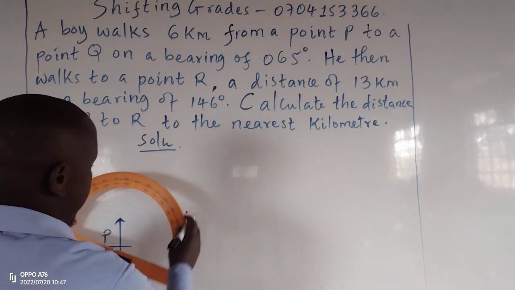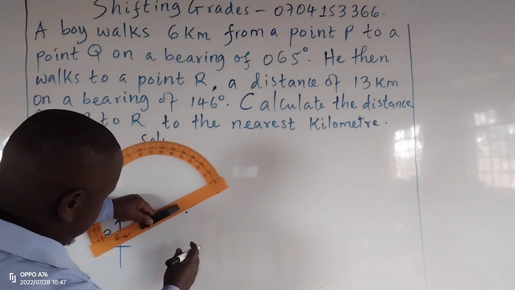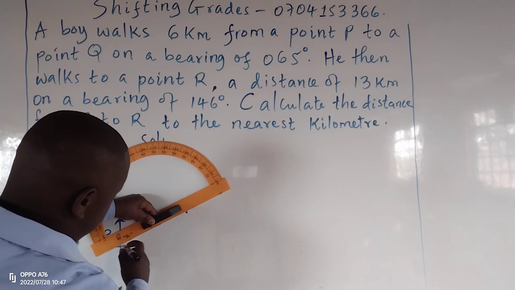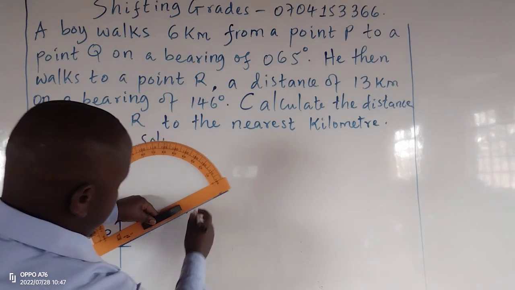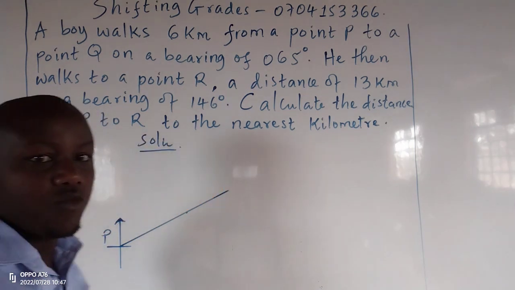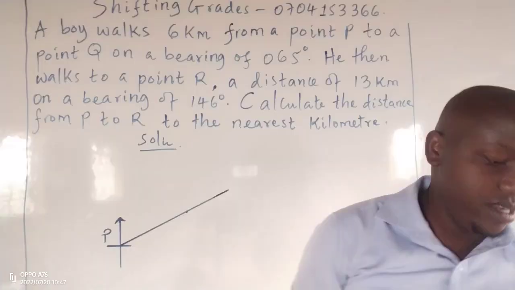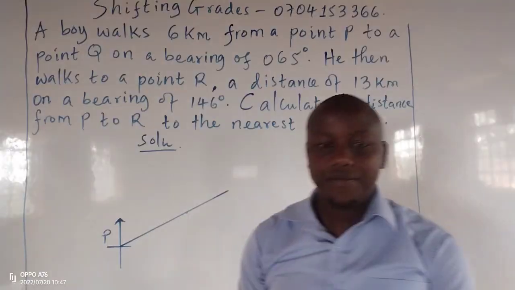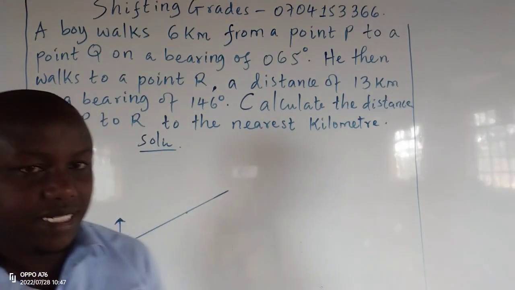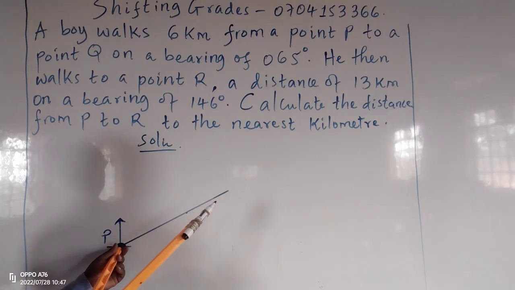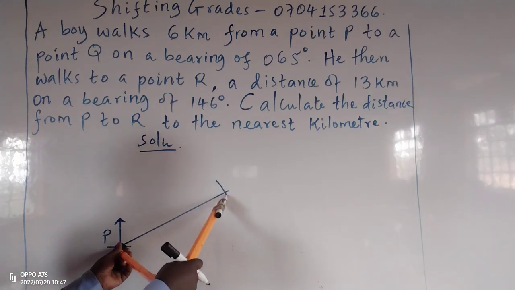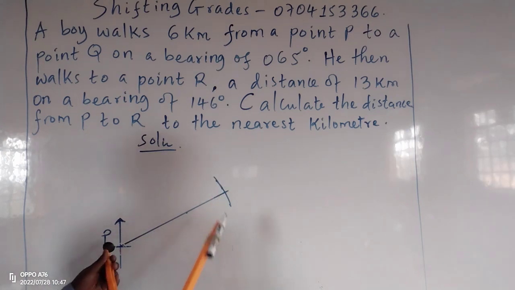Then we produce this line. Then after producing that line, we measure an arc which is 6 kilometers. So standing here, we measure 6 kilometers.